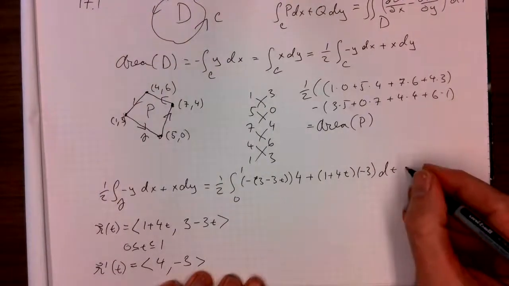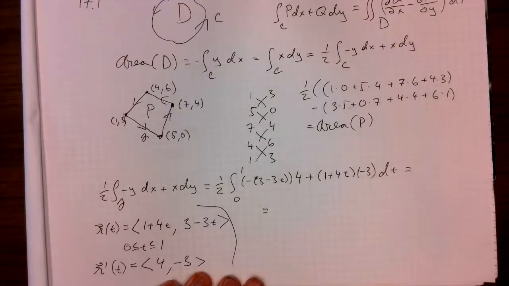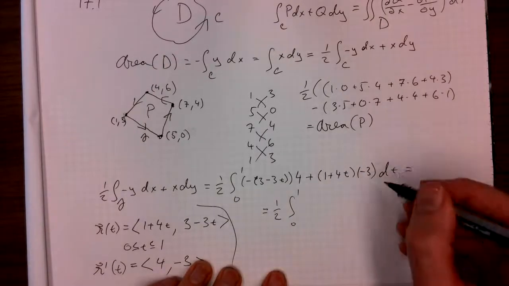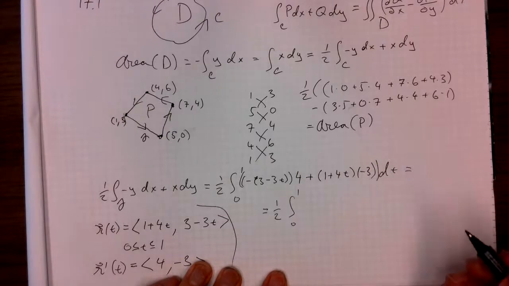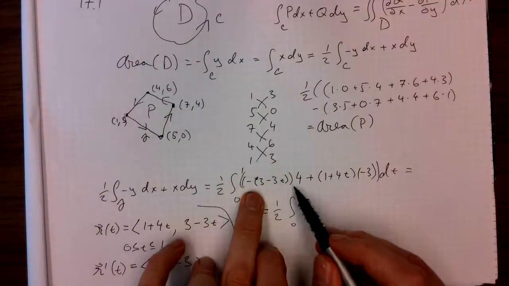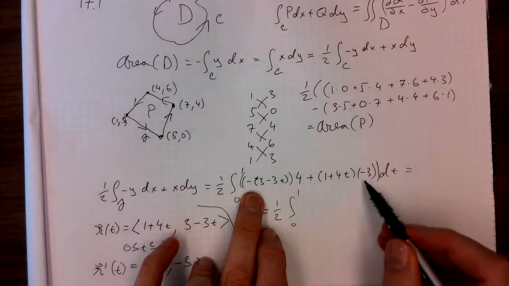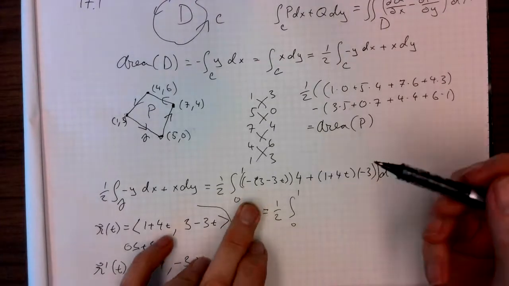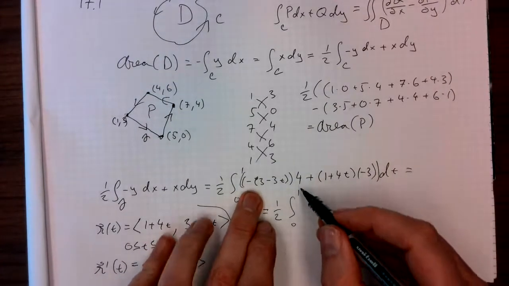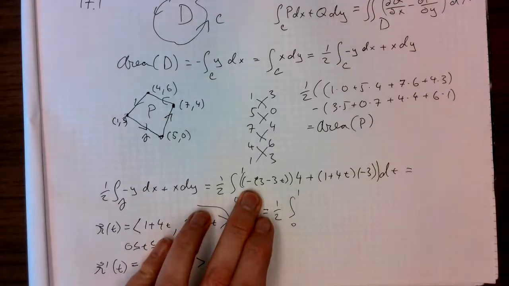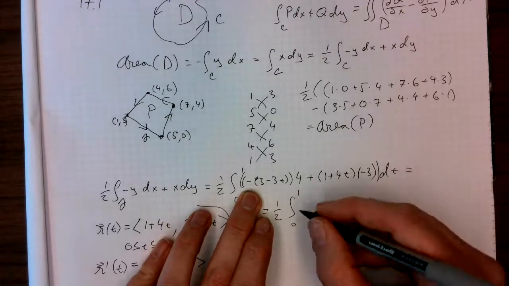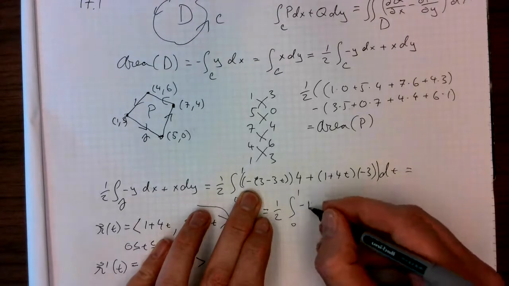Let's simplify this. We have 4 times minus 3, which is minus 12, plus 1 times minus 3, so minus 15.